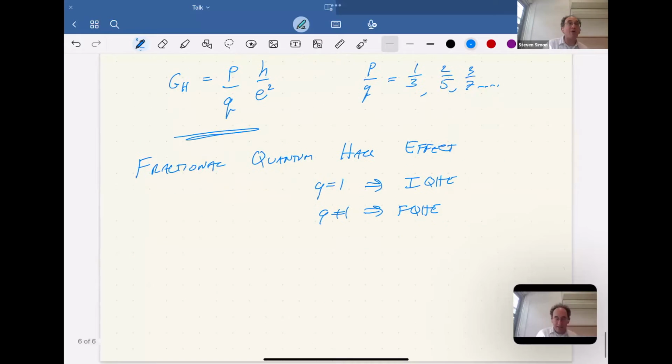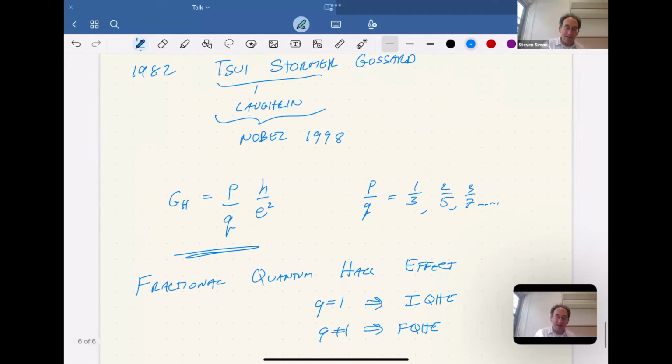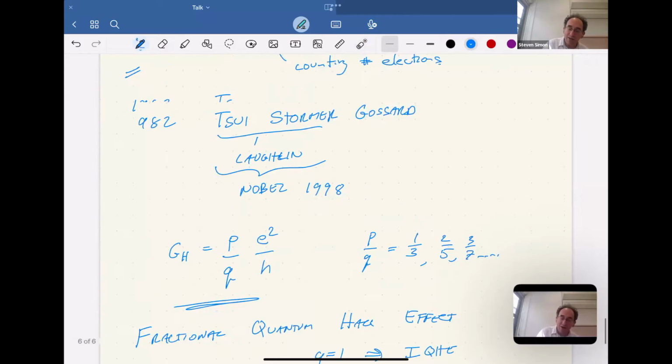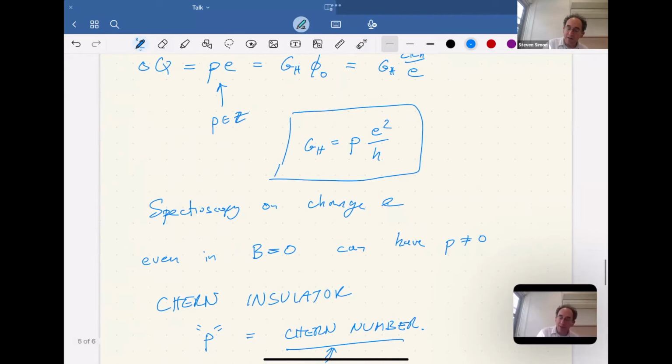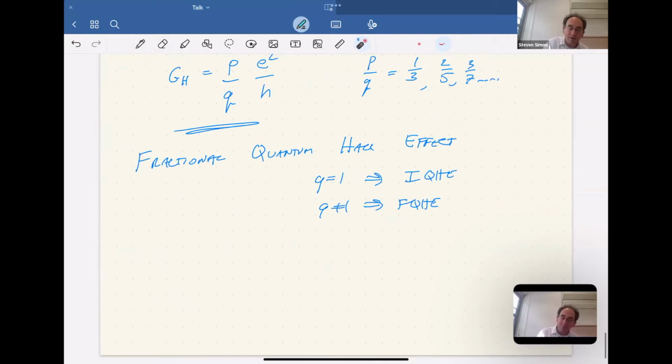And it's surprising, given that we had just proven that the Hall conductance has to be an integer times e squared over h. Sorry, I wrote h over e squared earlier. This is conductance, so it's e squared over h. Did I have that wrong up here? No, it's right up here. Yeah, this is correct. Okay, good. So how is it possible that we can break the theorem that we had?